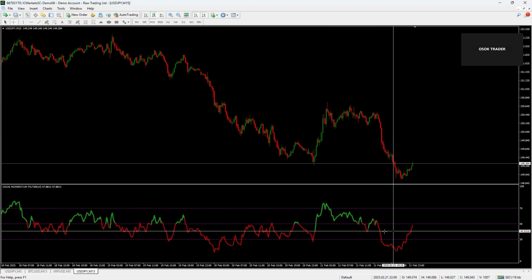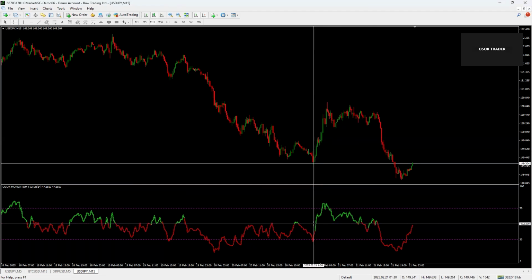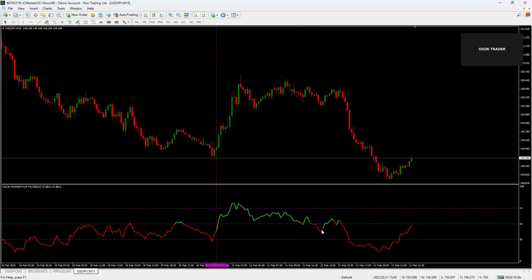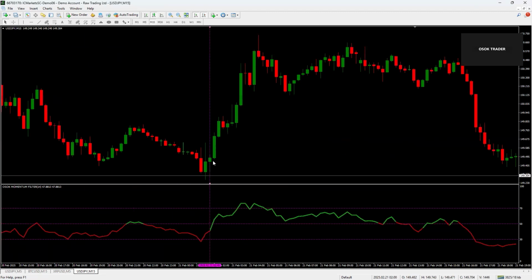Let me try showing you this. So when the 50 zone goes up, as you can see over here on the chart, let me just do this. So the 50 level is here. Zoom in here, right? The 50 level is here, right?